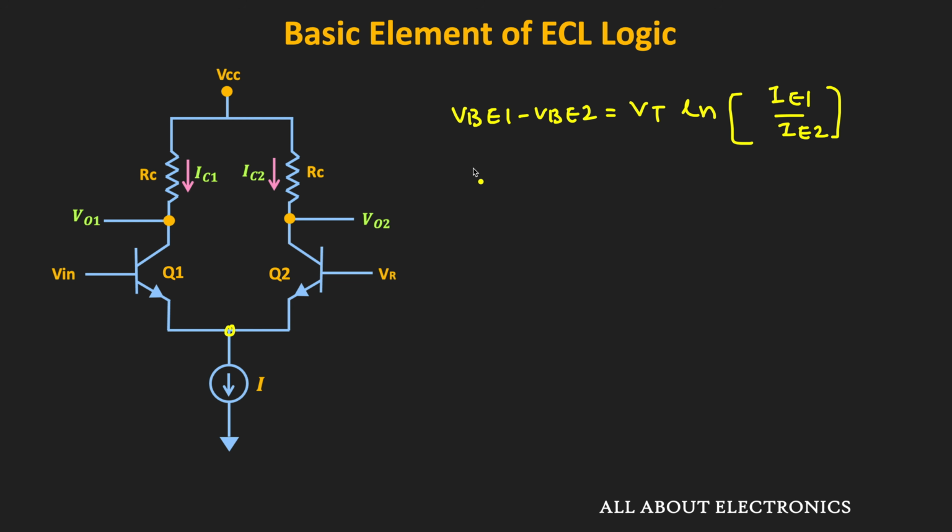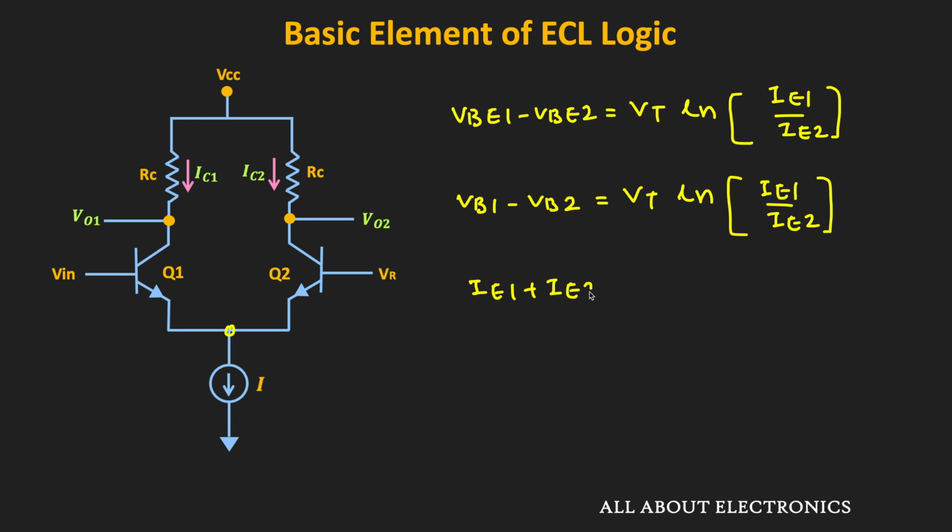So effectively, delta V is equal to VB1 minus VB2, and that is equal to VT times the natural log of current I1 divided by I2. Here the total current, I1 plus I2, is equal to I.